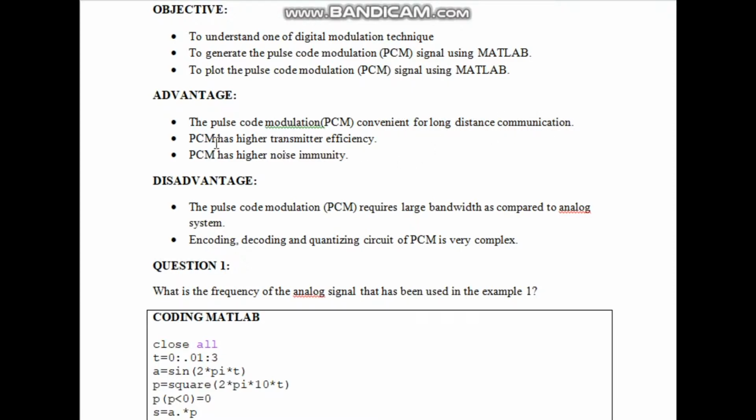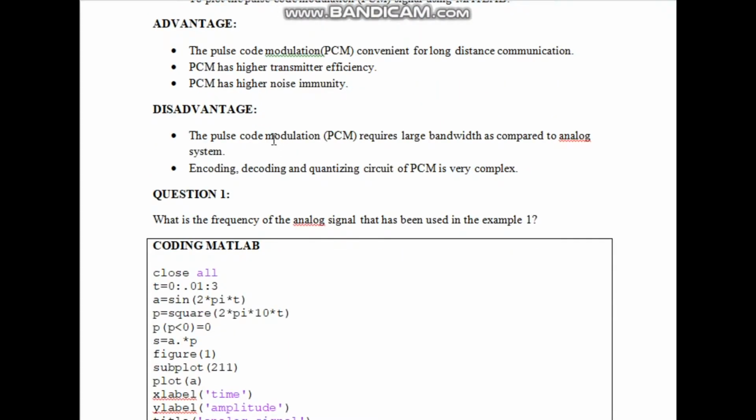Secondly, PCM has higher transmitter efficiency, and lastly, it has higher noise immunity. For the disadvantages, PCM requires large bandwidth as compared to an analog system, and its encoding, decoding, and quantizing circuit is very complex.